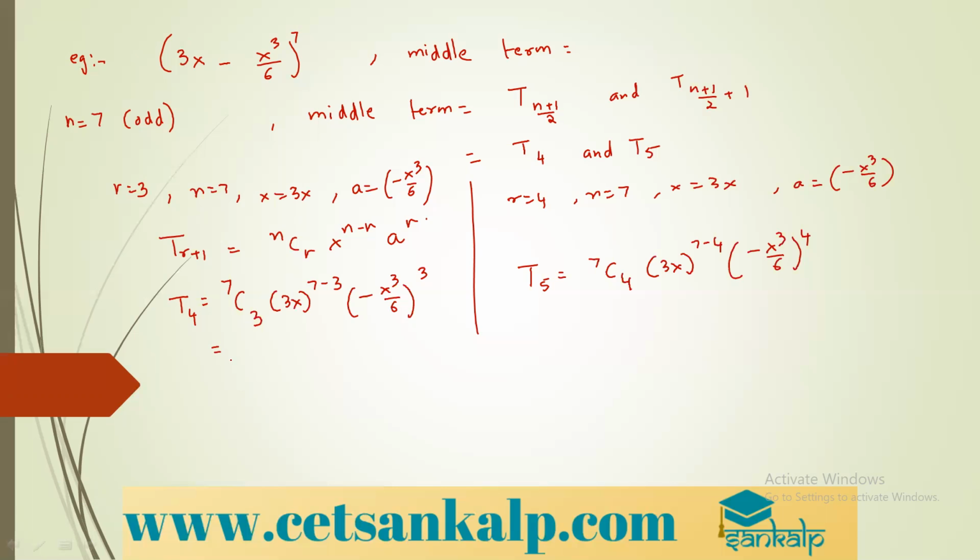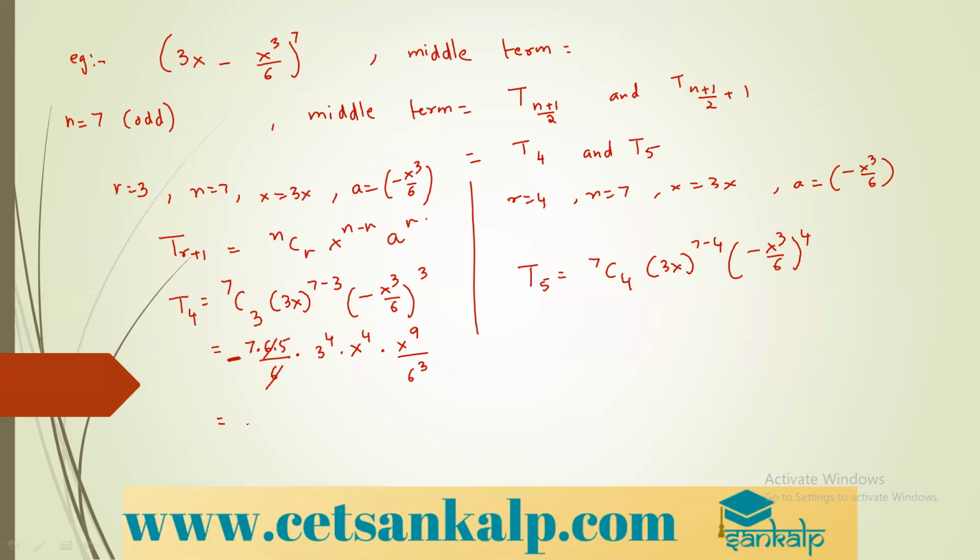7C3: how will I write 7C3? Start with 7, take 3 numbers, 7, 6, 5 by 3 factorial. 6 and 6 will cancel. 3⁴ x⁴. Minus power 3 will be minus, so the minus will come out. Then x⁹ over 6³.